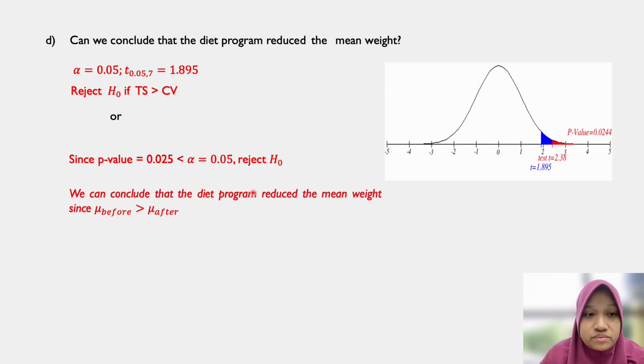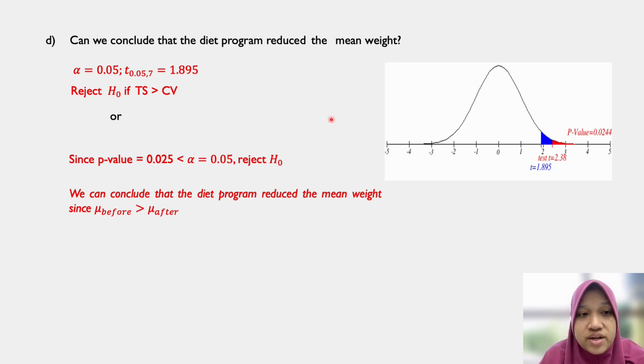Or you can look at this graph, which shows how I draw the rejection region. The rejection region is the blue one. Our critical value is equal to 1.895, meaning that if your test statistic value is greater than 1.895, we will reject the null hypothesis.